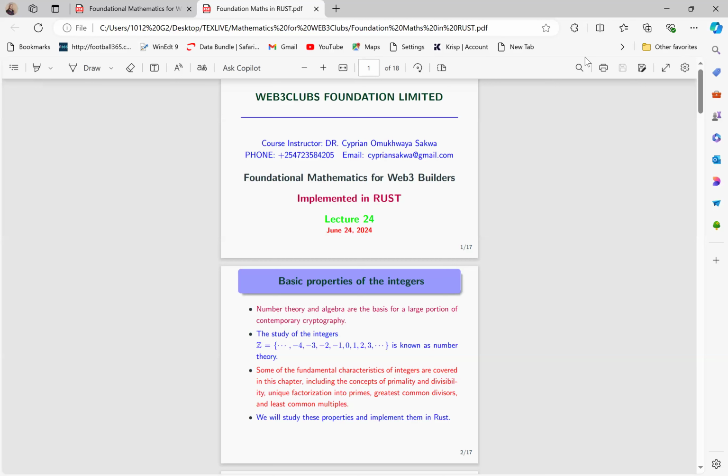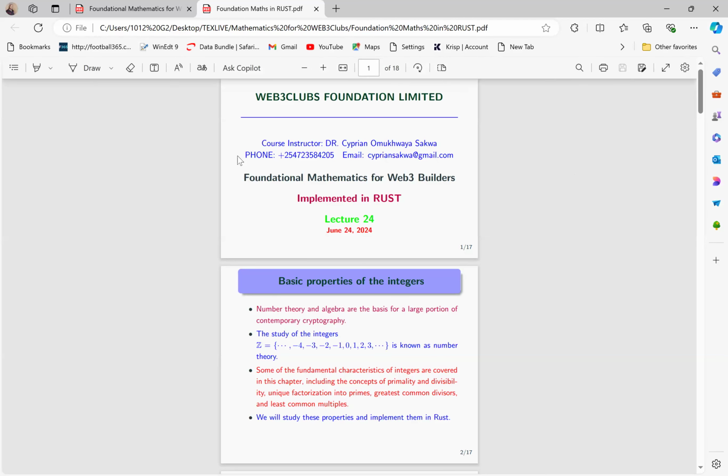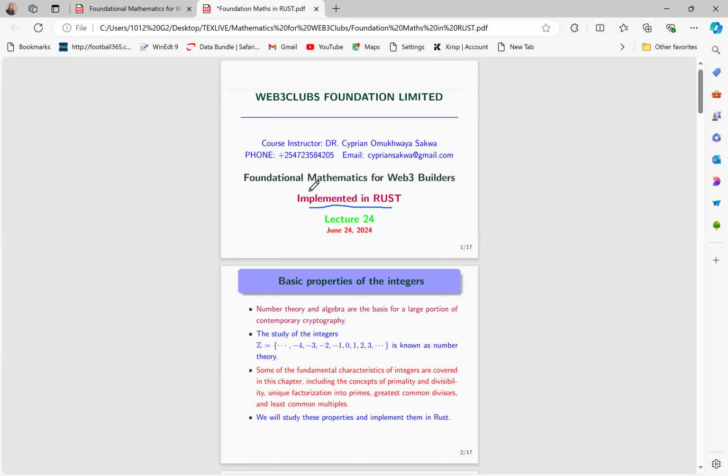Thank you. Today, we want to look at the mathematics we've already looked at, but this time, we want to try and implement it in Rust. That's why I've said we are implementing it in Rust.